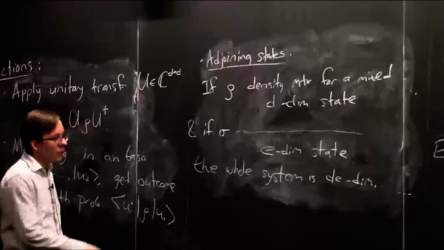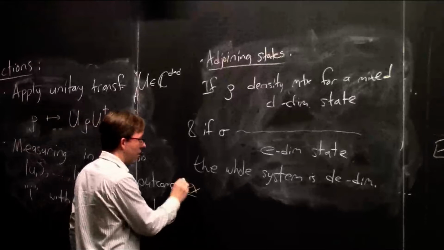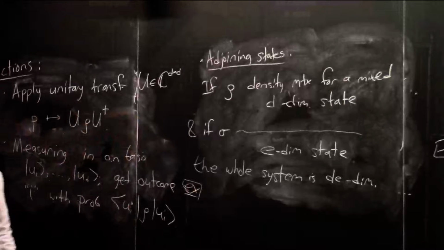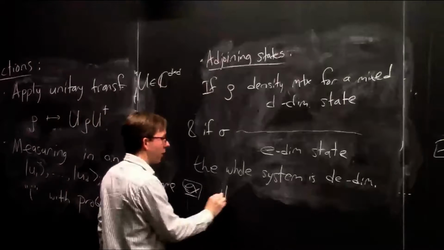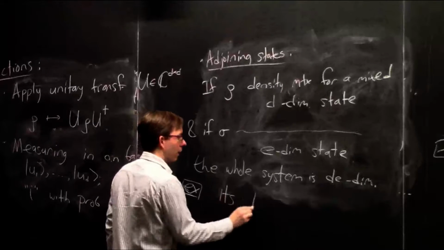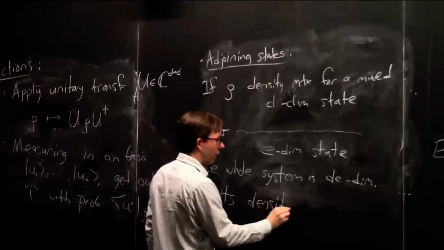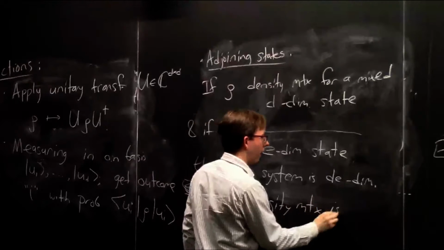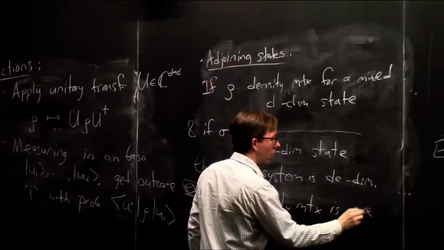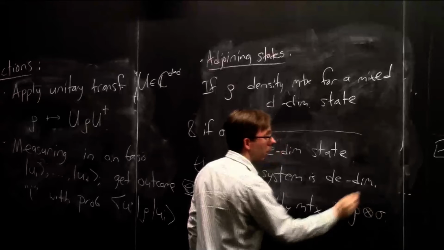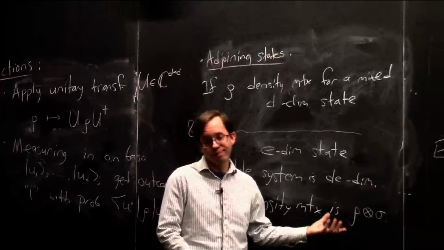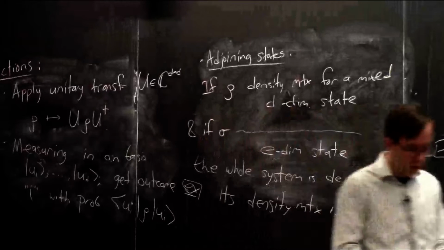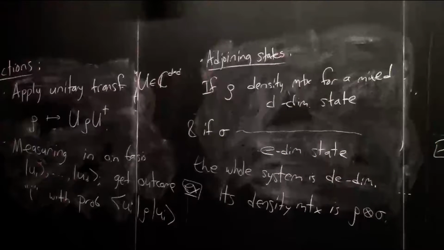And let me just say, if you do the math, so I'll call this an exercise, or it'll be on the homework, which will come out this afternoon, its density matrix is the one thing that you would guess: rho Kronecker product sigma. So that's actually the same rule as when these are pure states. And now you can work out quite easily, it's the same rule again for matrices.